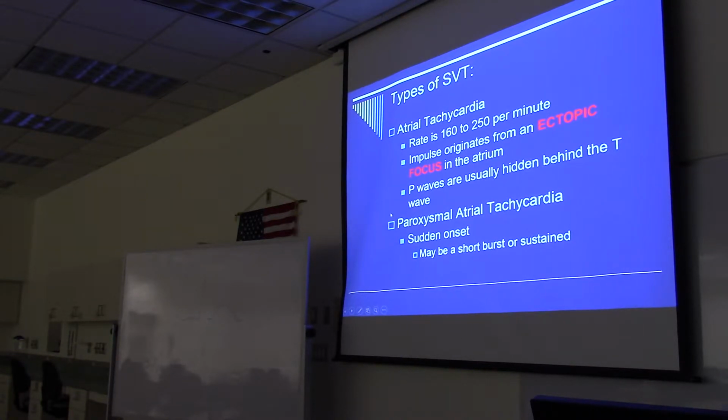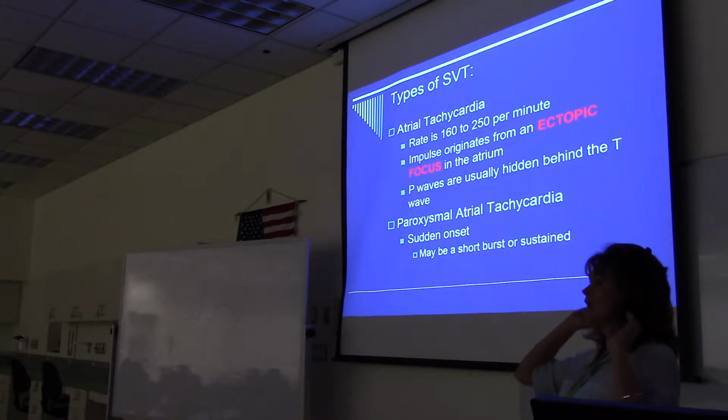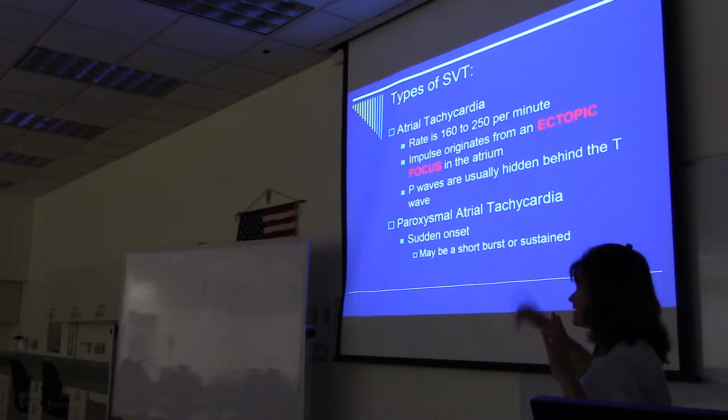All right, now I want to tell you about PAT, or paroxysmal atrial tachycardia. Paroxysmal means sudden onset. So you'll see a normal rhythm, and then all of a sudden, on the monitor, you'll see a really fast heart rate.